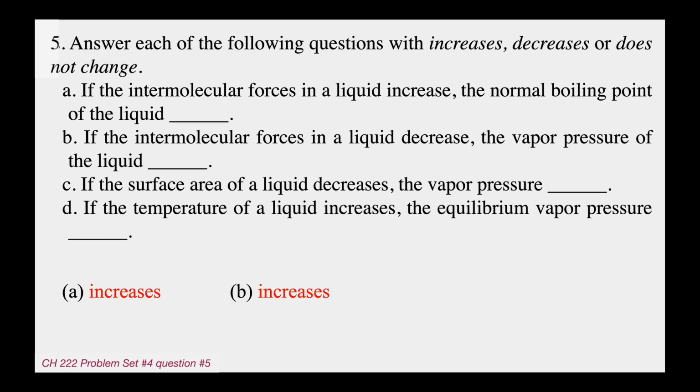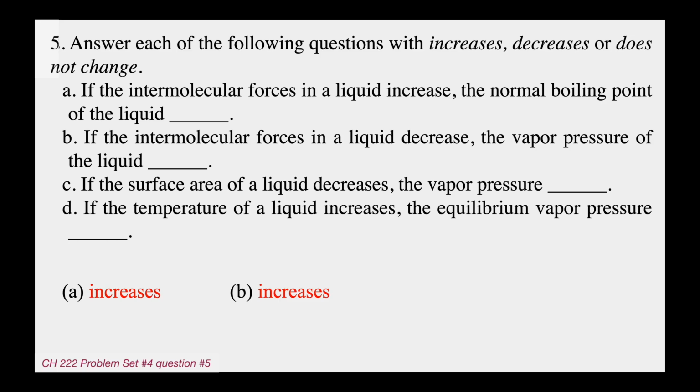C, if the surface area of a liquid decreases, the vapor pressure, well, this is kind of an interesting one that maybe you hadn't thought about, but pressure is force over area. This is stepping our foot into physics a little bit, but pressure is part force and part area. The amount of pressure does depend on the area and the force. If you just decrease the area, then you're not going to have as much force either.